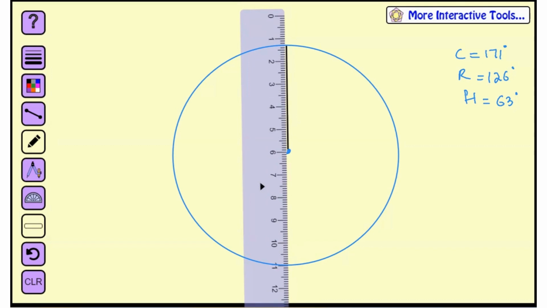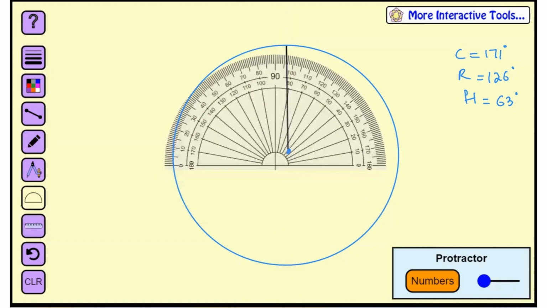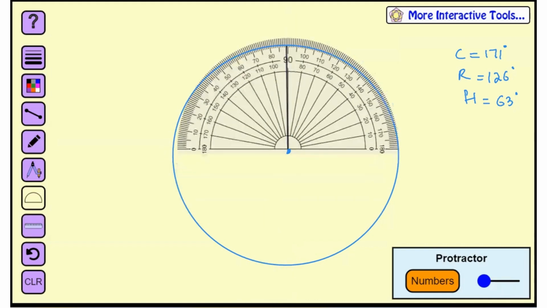So I'm going to take my protractor. What you'll do is put this in the center over here and draw 171. So 171 is going to be, if you start over here from 0, somewhere over here. Yeah.